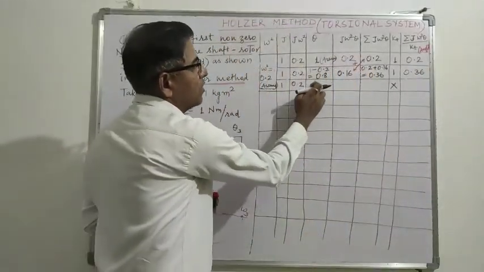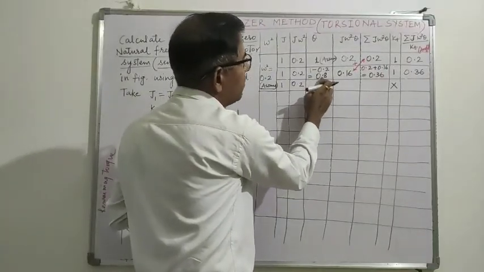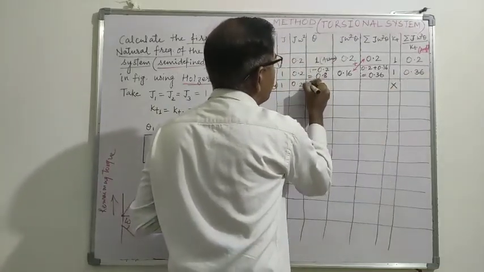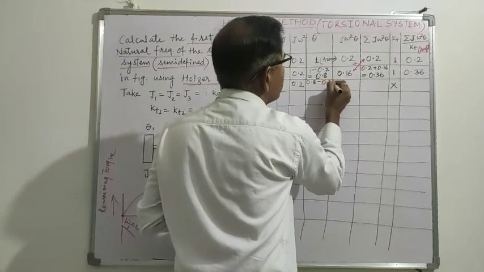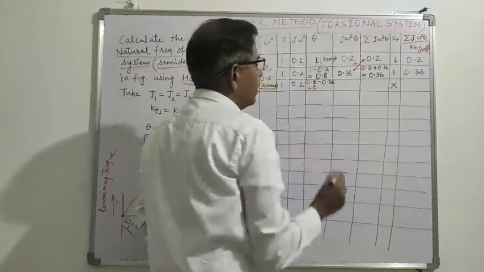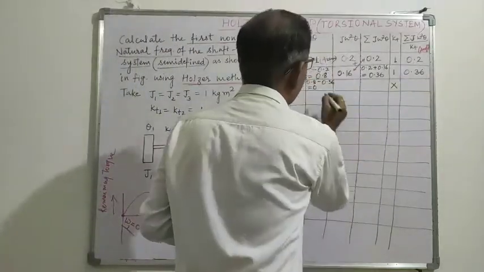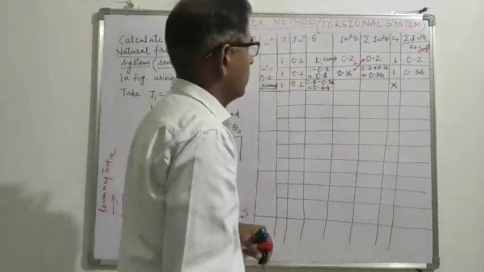So in the third row, theta 3 will be the previous value of theta minus 0.36. So 0.8 minus 0.36 is 0.44.